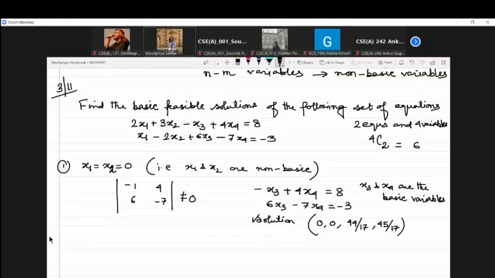So this is how we, tell me one thing, is it feasible? Can we say that it is a basic feasible solution? Basic, though, we are agreeing all that it is basic, right? Because the determinant value is not equal to 0. But apart from being basic, is it a feasible solution also? What is meant by feasibility?